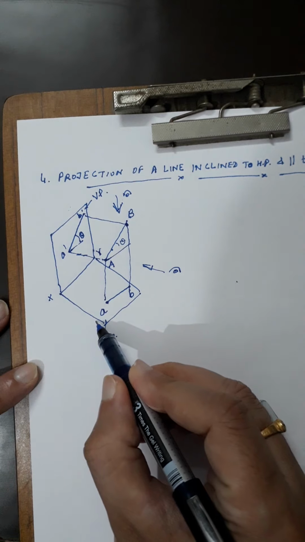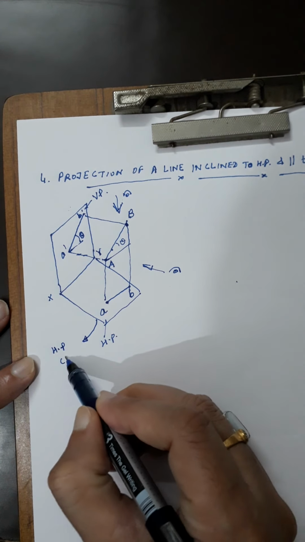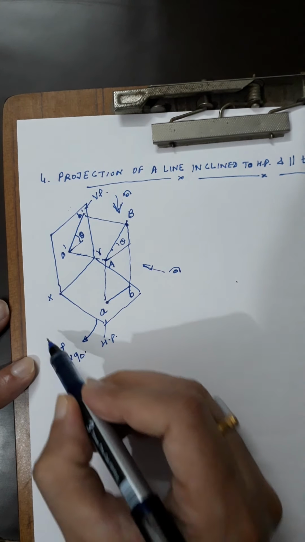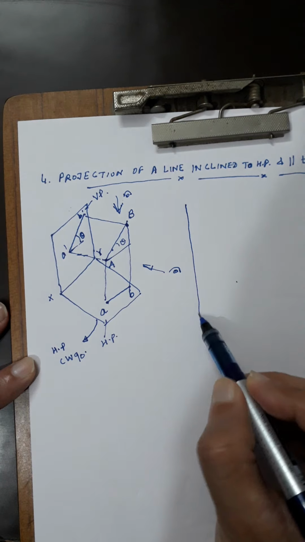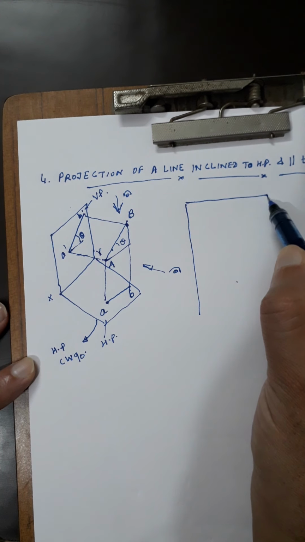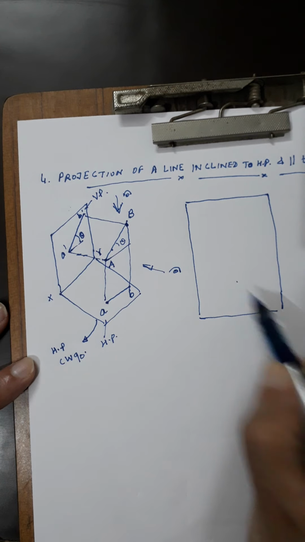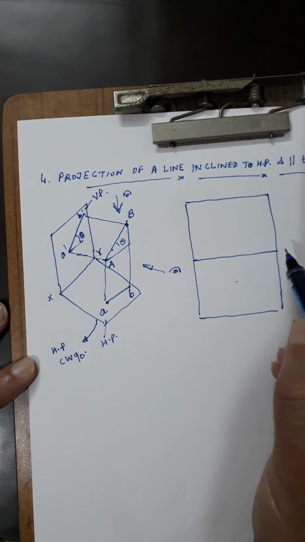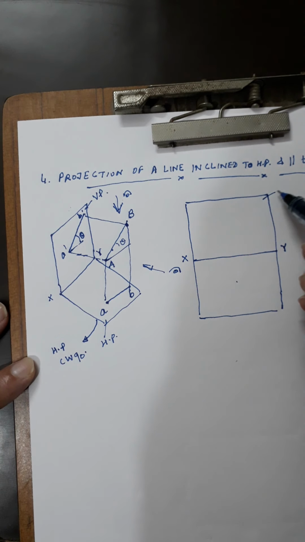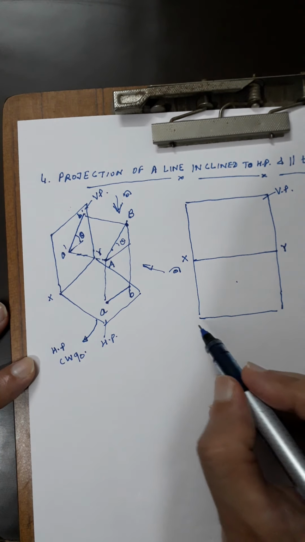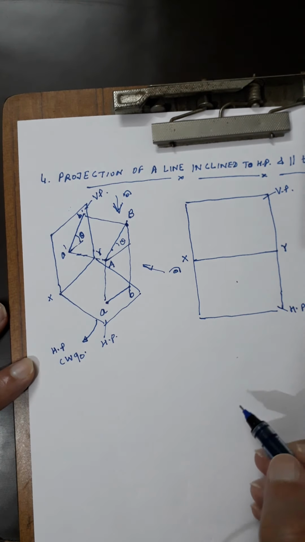Now again I have to rotate the horizontal plane HP clockwise 90 degrees. What will happen? You have to rotate HP clockwise 90 degrees so that XY is there and VP and HP become coplanar, separated by XY.